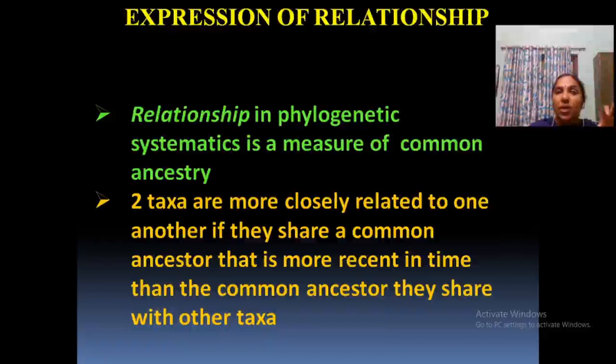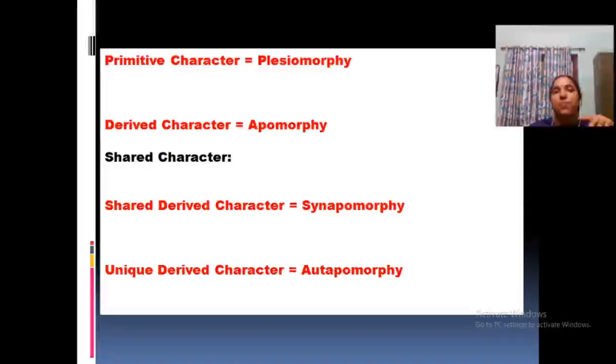Two taxa are more closely related to one another if they share a common ancestor, and that ancestor should be the most recent one. That is very important. That is known as the principle of recency. Those sharing a common ancestor are more closely related, compared to the common ancestors they share with other taxa.